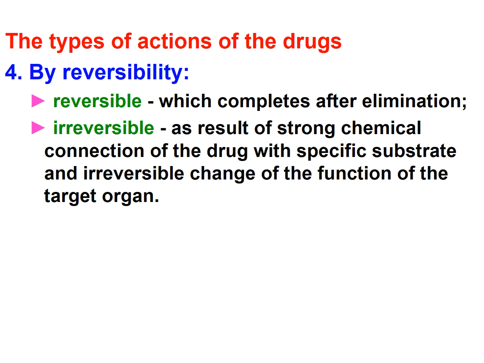So despite the fact that there are no drug molecules in the blood plasma, the drug still is bound to the target protein, which significantly changes the function of the organ where this target protein is located.